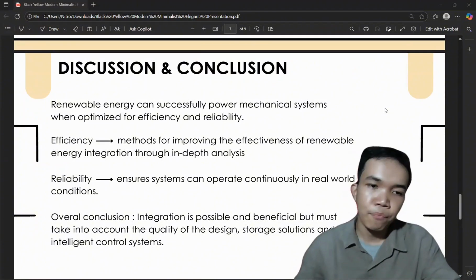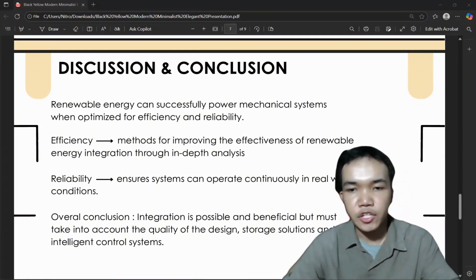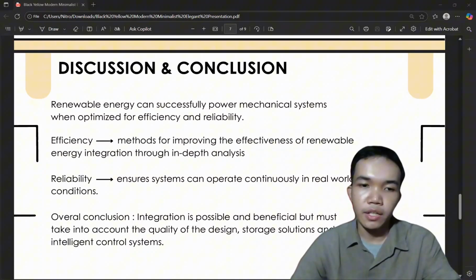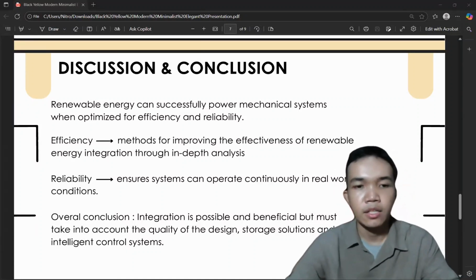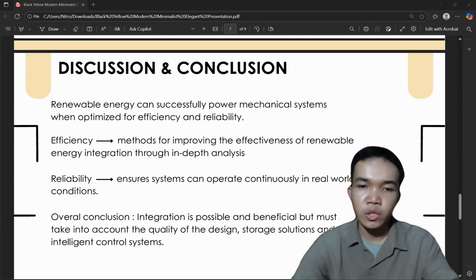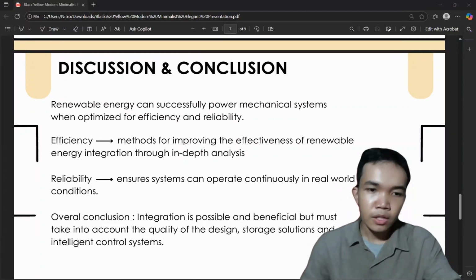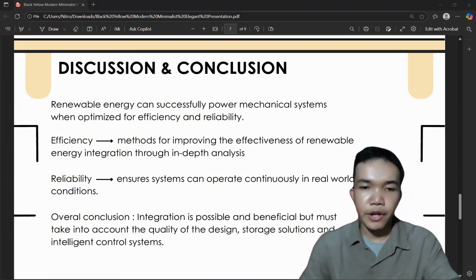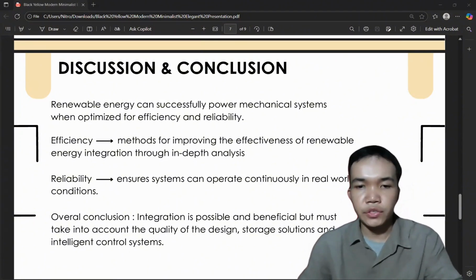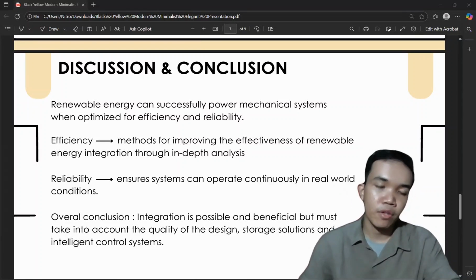Because efficiency is a method for improving the effectiveness of renewable energy integration through in-depth analysis, maximizing the effectiveness of using renewable energy sources such as solar, wind, hydroelectric power, and others. Then reliability ensures the system can operate continuously in real-world conditions. For mechanical systems to perform as intended, they need to function consistently and predictably.